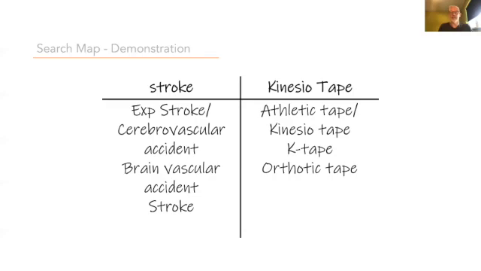If I have identified that study designs are an important part of my search map, I will need to add a third column to my search map, which I will do to begin looking for those types of studies. So what do I need to include in that third column of my search map?